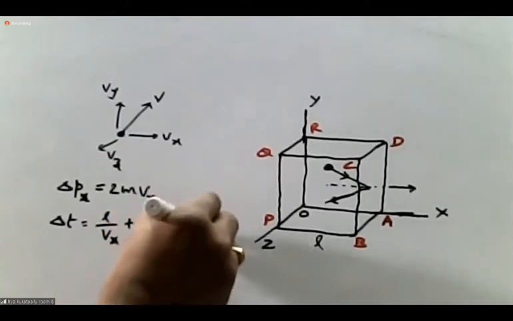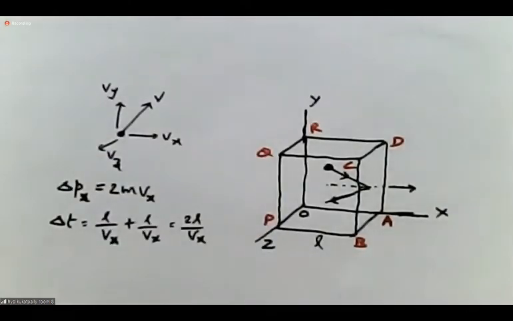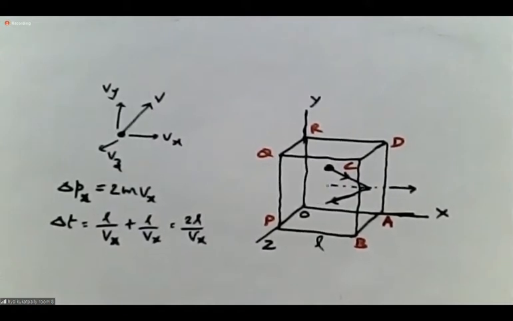So the time taken again will be L by Vx. So 2L by Vx is the time taken by the particle to collide with the surface successively. Time gap between two successive collisions is this one, 2L by Vx. Suppose you want to know how frequent the molecule collides. Then 1 by the time taken will be the frequency.